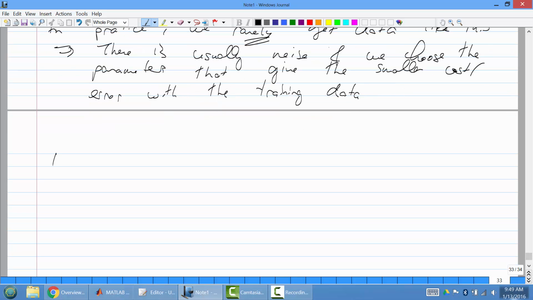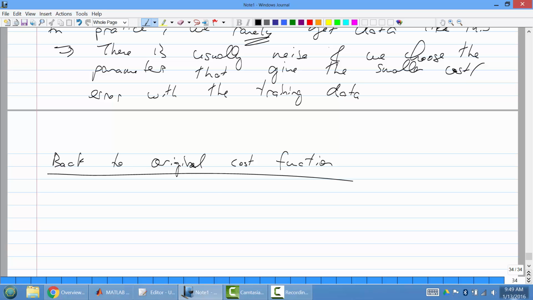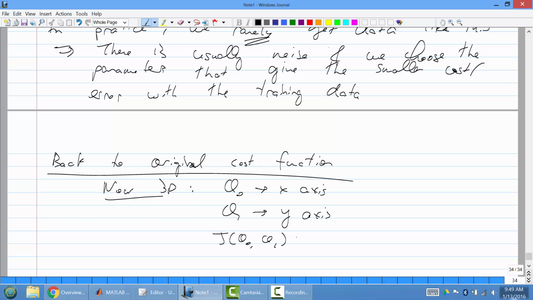So there's light at the end of the tunnel. I'm going to talk about how we're going to find these parameters in a little bit. Let's go back to the original cost function, so now 3D. Theta 0 is usually the x-axis, theta 1 is the y-axis, and the cost is the z.